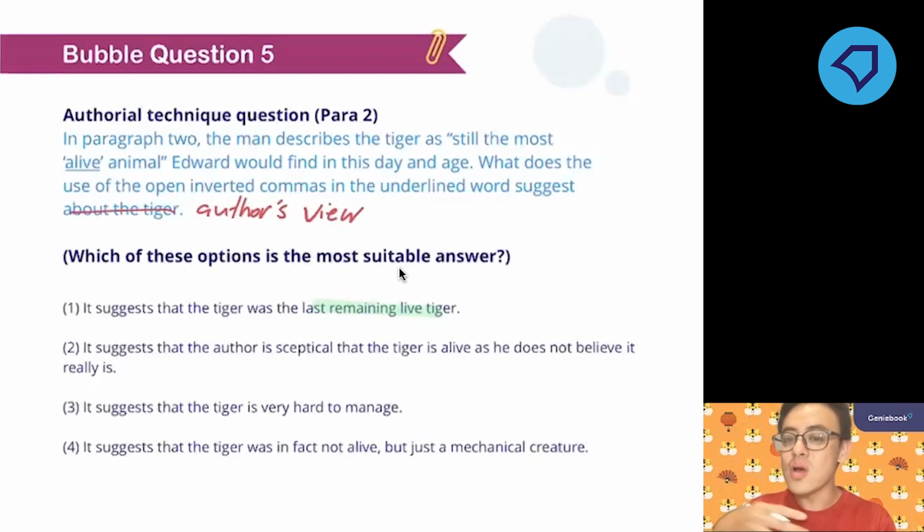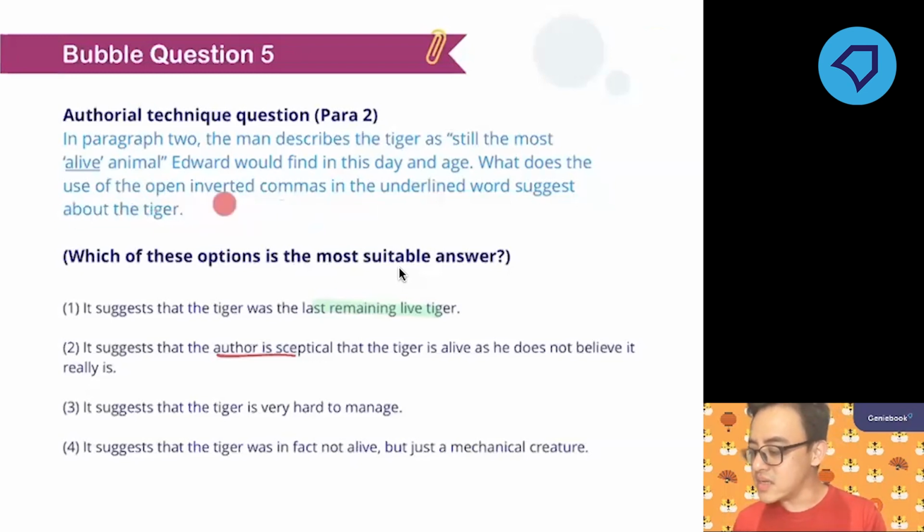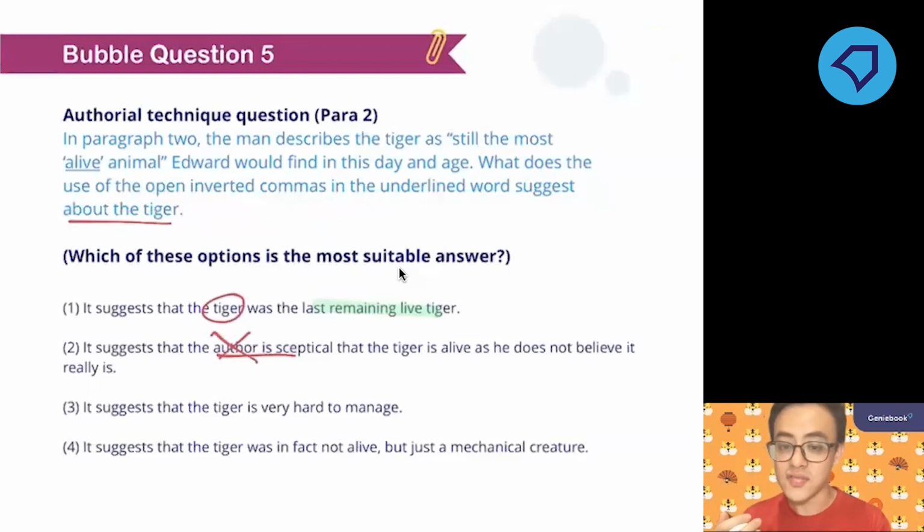If the question was how does the author view this tiger, then you can say the author is skeptical that this tiger is alive. But there's no such phrase as author's view. So the question here is phrased in a very deliberate way. Your subject has to be the tiger, not the author. If the subject is the tiger, you have a chance of getting it correct.